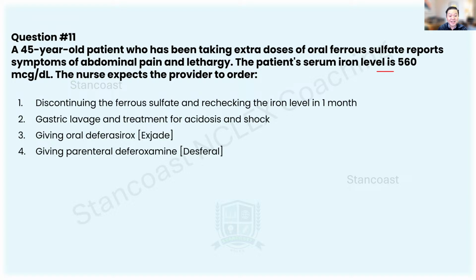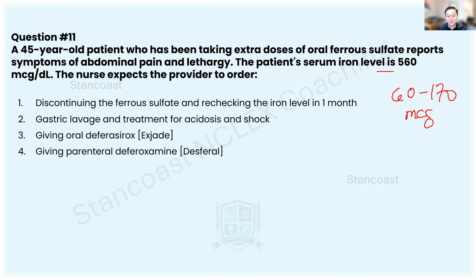Iron, 560 micrograms per deciliter. It's very high. Normally, the level is 60 to 170 micrograms per deciliter.